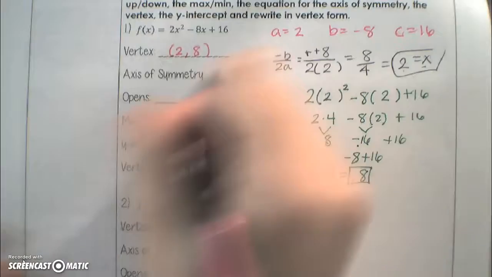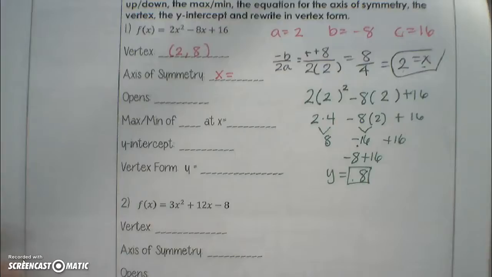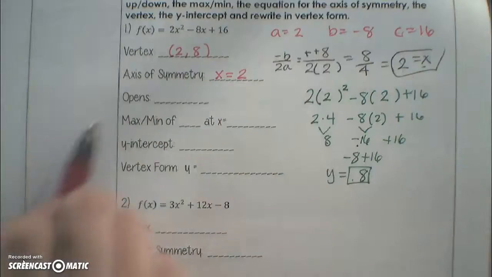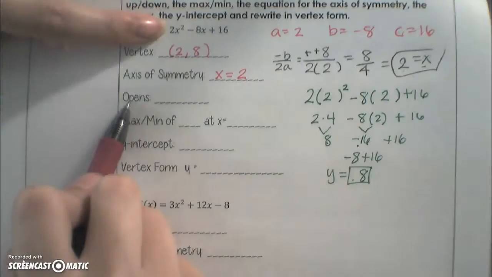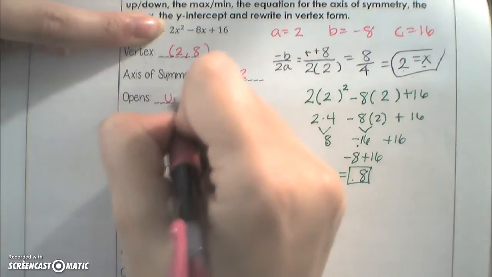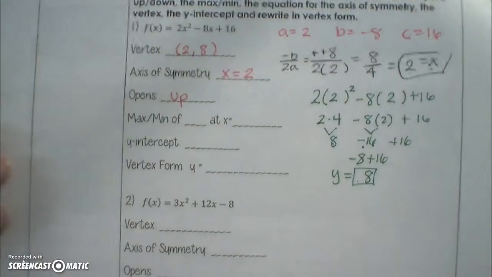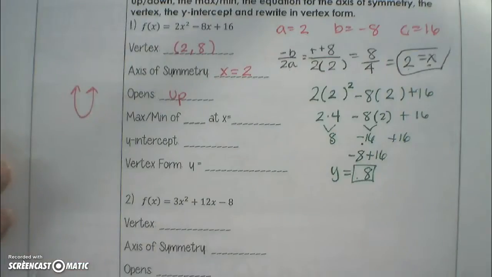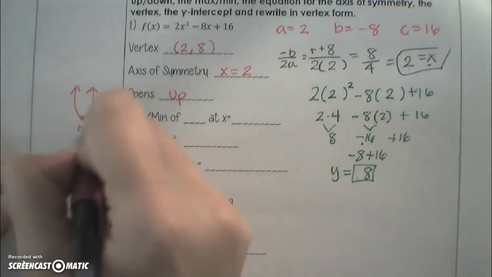So axis of symmetry is x equals, and what does x equal? Oh yeah, we just found it. It's 2. Does this open up or down? So we want to look at our a value. Yes, positive, so that should be opening up. When it comes to opening up, it's going to look like a U. So that means that we have a minimum.